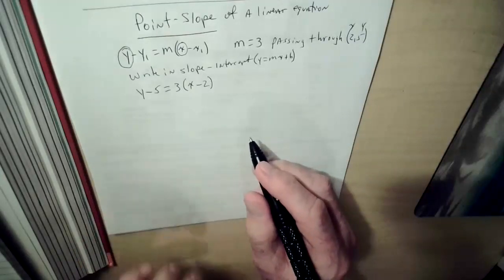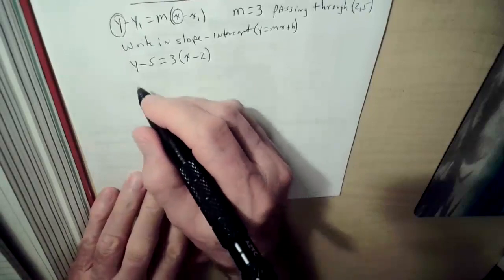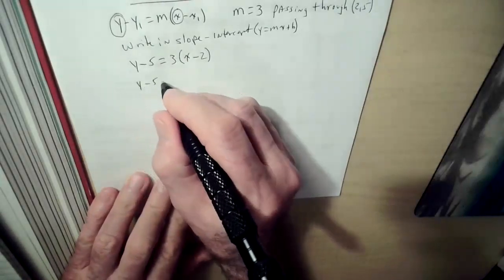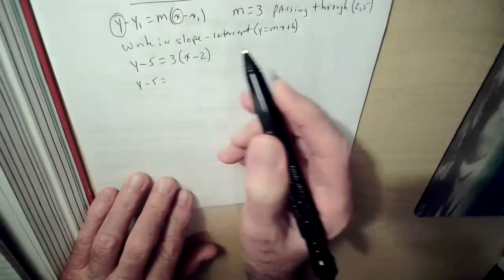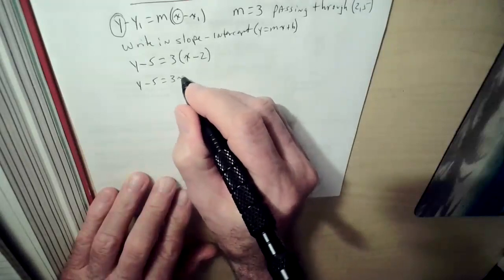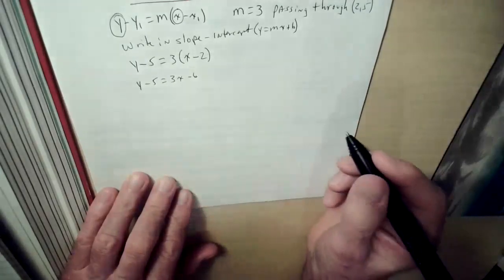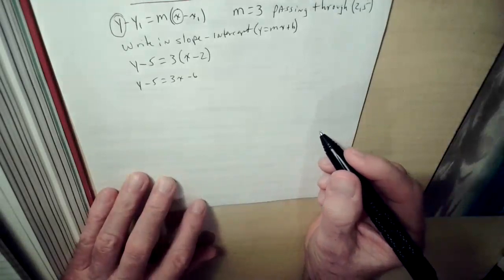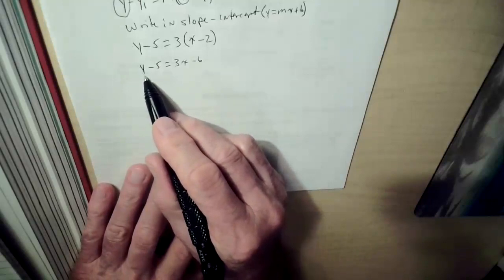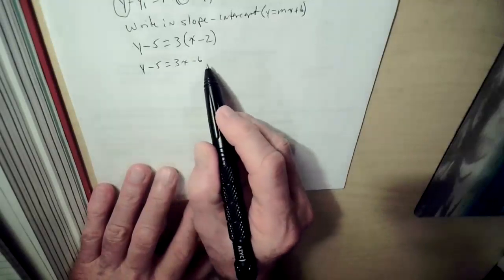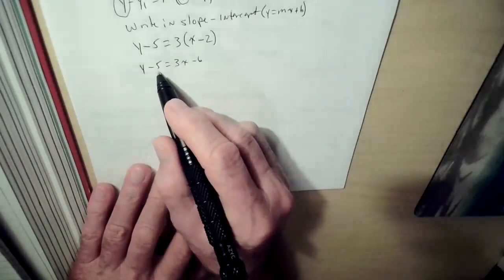Now we have order of operations. Very, very simple. Y minus 5 equals, now we distribute the 3 over everything inside, 3x minus 6. Is that right? I think so. Now, we want to solve this for y. Y equals mx plus b.